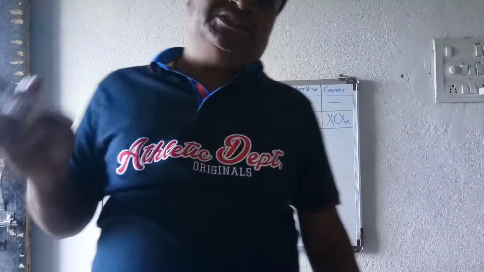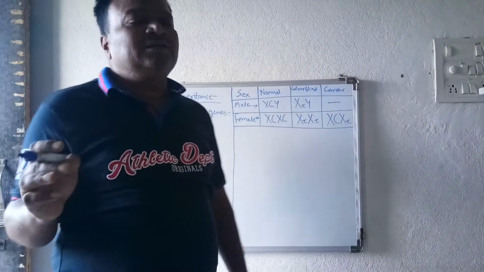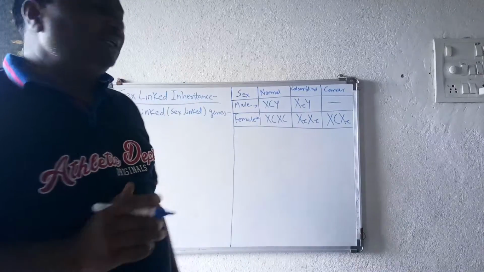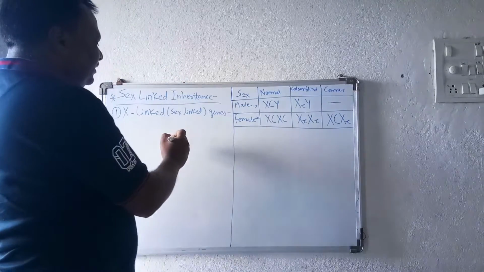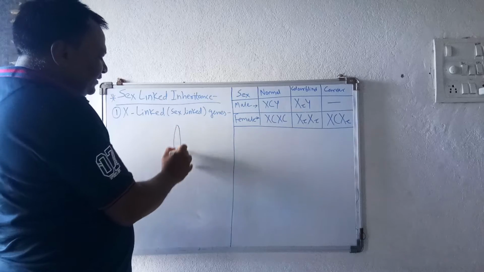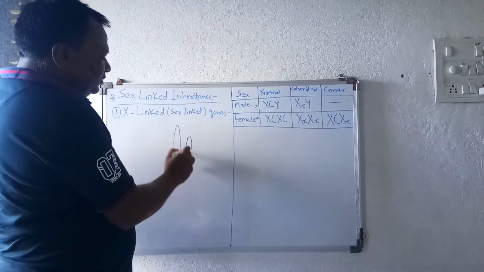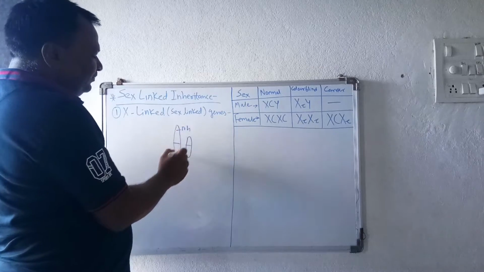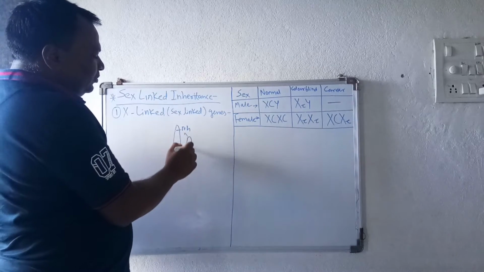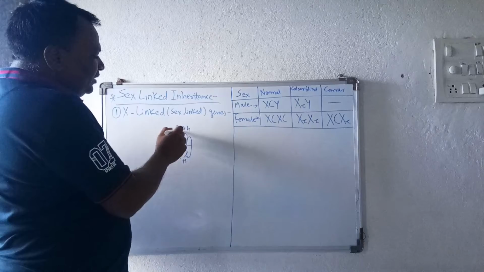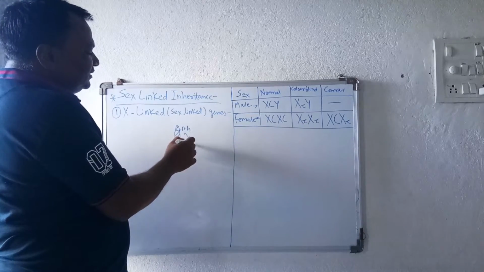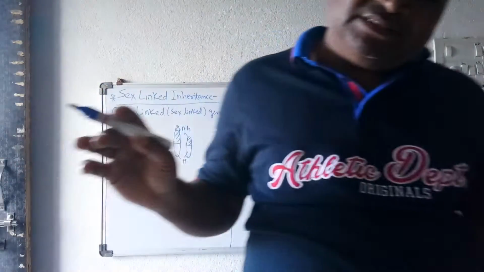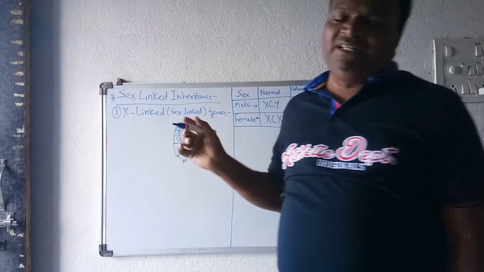We know that these genes are located on the non-homologous region of the X as well as the Y chromosome. We know that the X as well as the Y chromosome have two regions: one is the non-homologous region and another is the homologous region. Within the non-homologous regions, these genes are located, and such genes are called sex-linked genes.